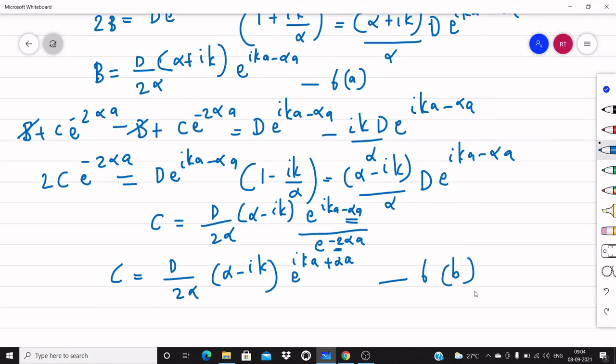Now you have 6a and 6b. Now apply these values in the first equations, that is 1 plus a, the equation we got by applying the first boundary condition at x equal to 0 and its derivative.